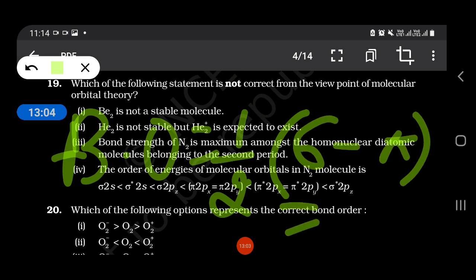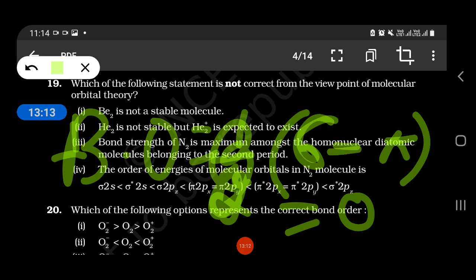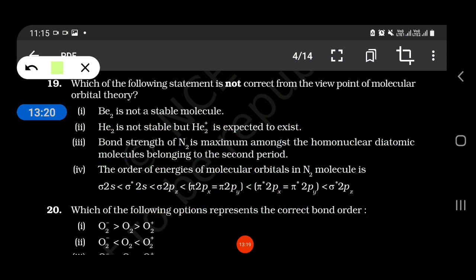So what you will get is 0, because it's 4 minus 4. So Be2 does not exist.